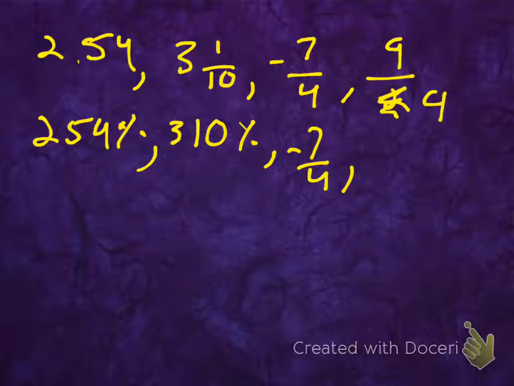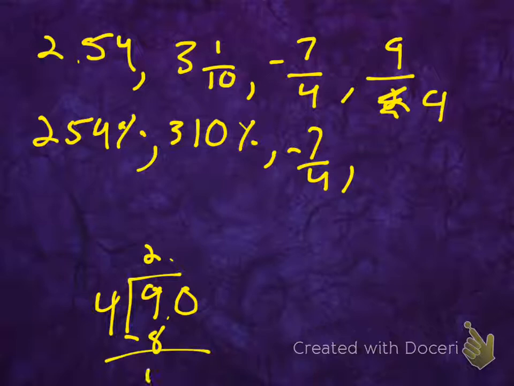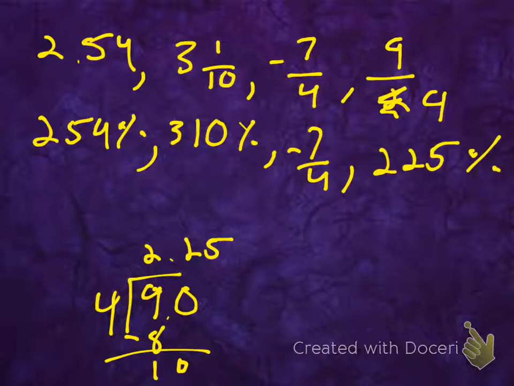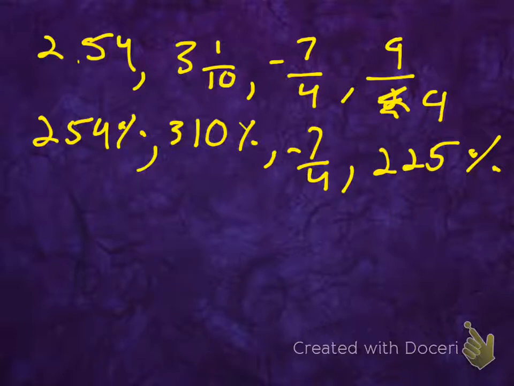Alright, so 9 divided by 4 gives me 2.25 or 225%.